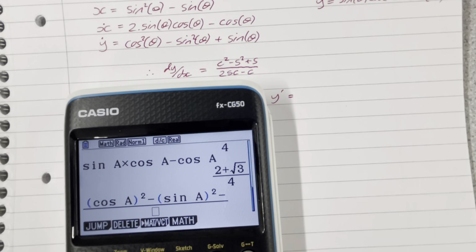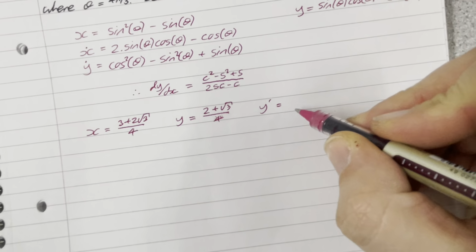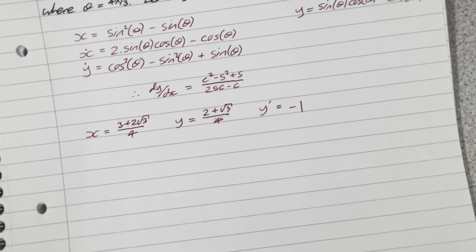Oh no, I'm not, plus sine of a. And that's all divided by 2 times sine of a times the cosine of a minus the cosine of a. Minus 1. So my equation is minus 1. Okay, so I've got my 3 values.